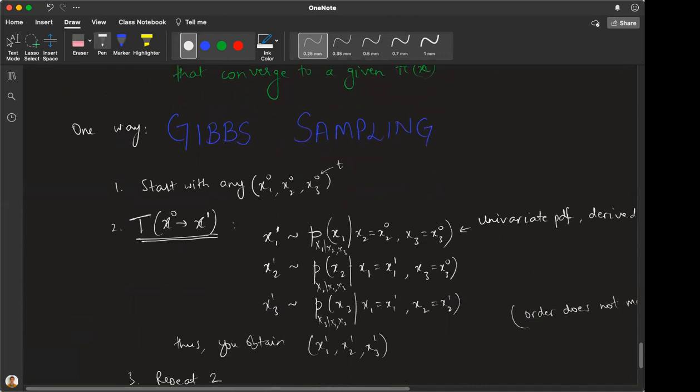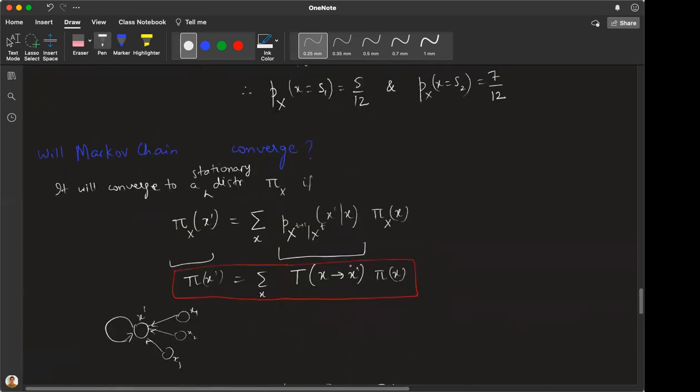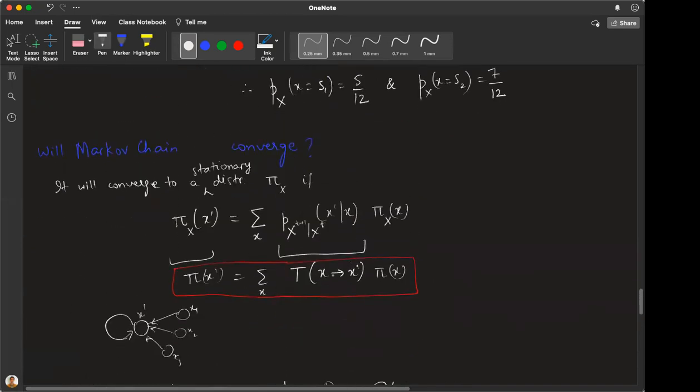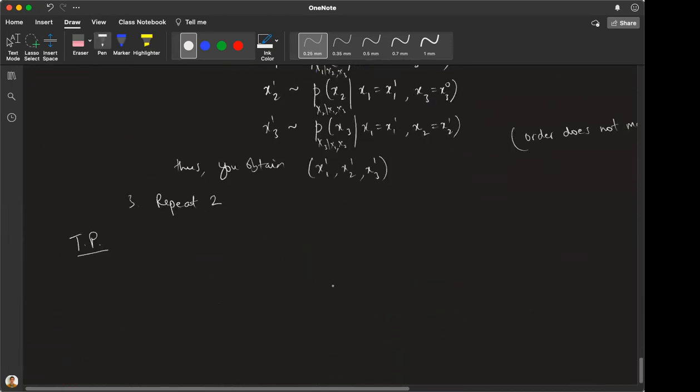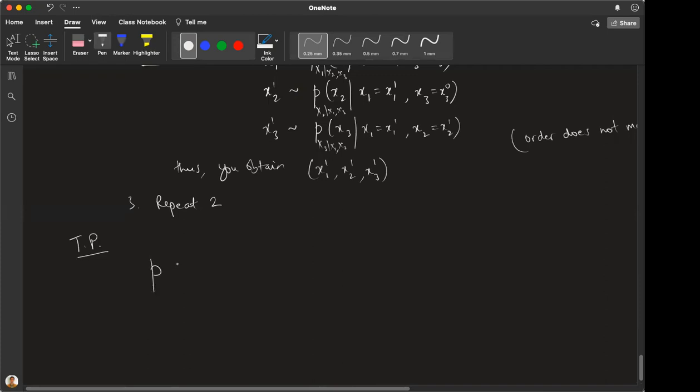Since this is stationary, it will satisfy the stationary equation: pi(x') equals the summation over all x of T times pi(x). So essentially I want to prove that this condition is satisfied, where I'm calling pi as p of x', y', z', where this p is actually like pi. This is the stationary distribution which is given to us.